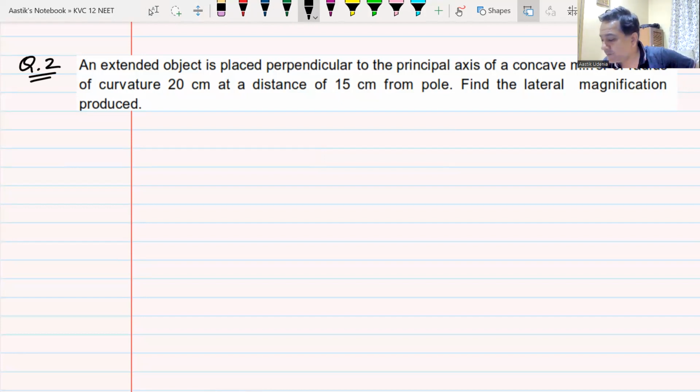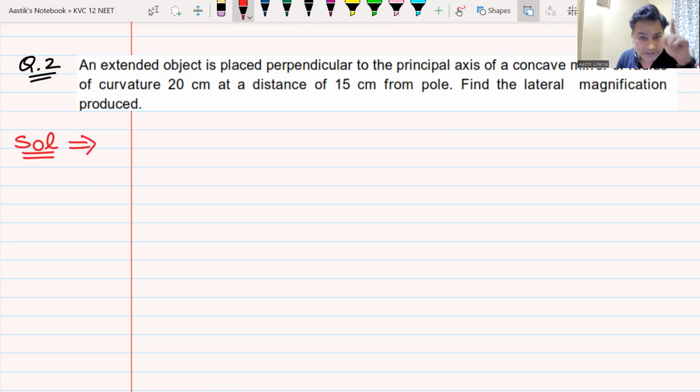Find the lateral magnification. It is as simple as it gets, my dear friends. I wait patiently for your answers, because these are the type of question that you are going to find eventually appearing in your NEET paper.